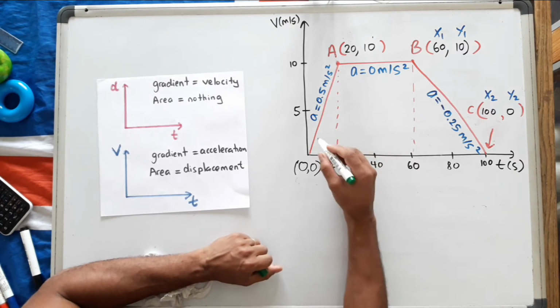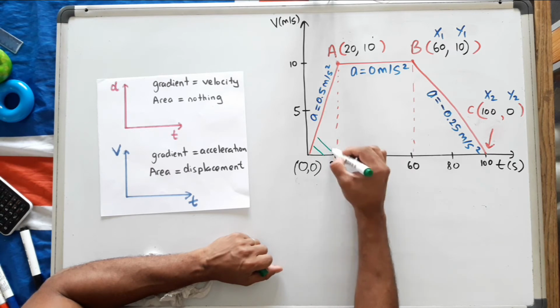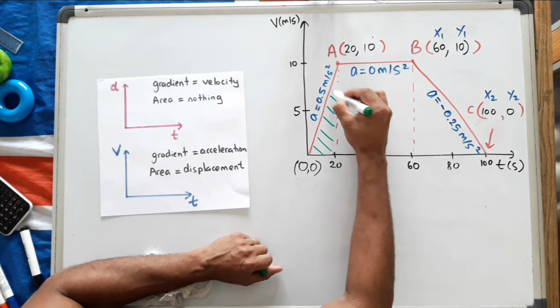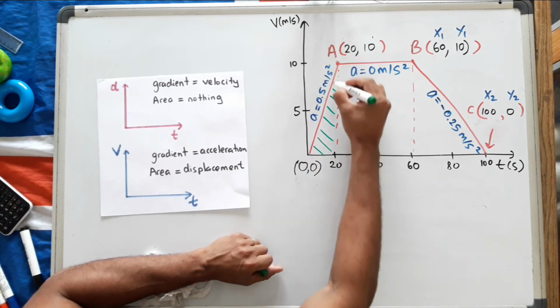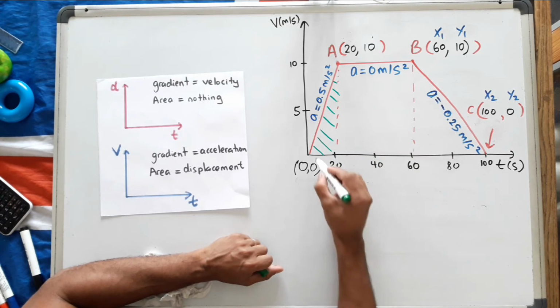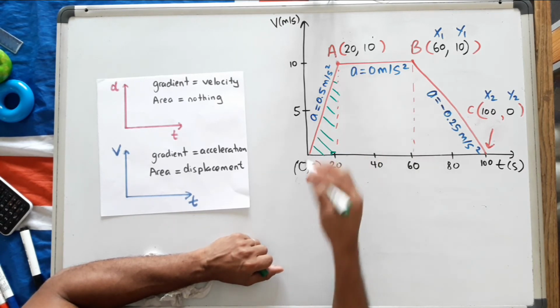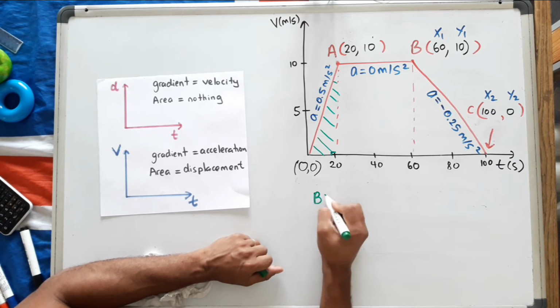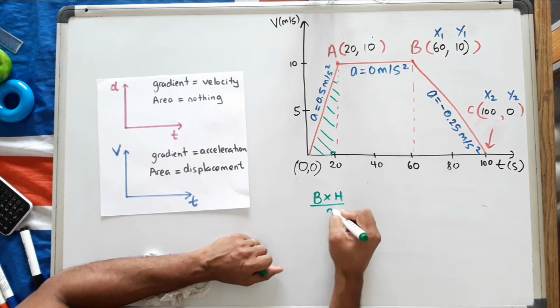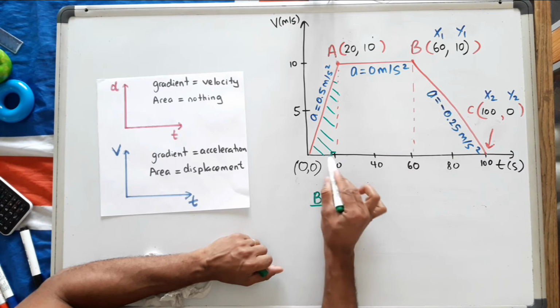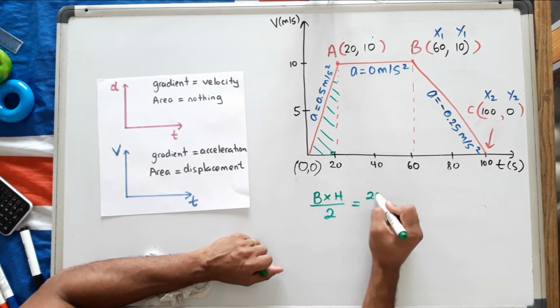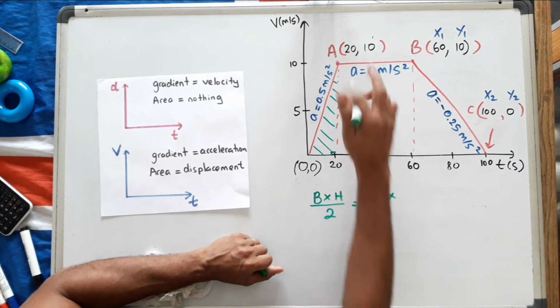So let's calculate the distance between O and A. This is really a right angle triangle: base times height divided by 2. The base is 20. The height is 10, right?